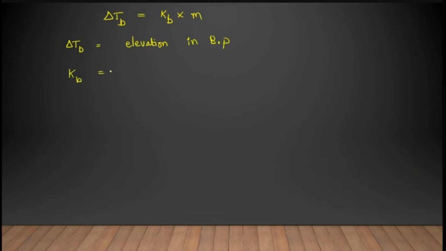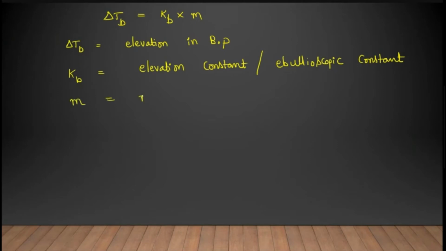KB is nothing but elevation constant or ebullioscopic constant. And m is nothing but molality.